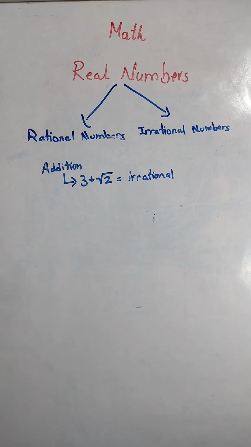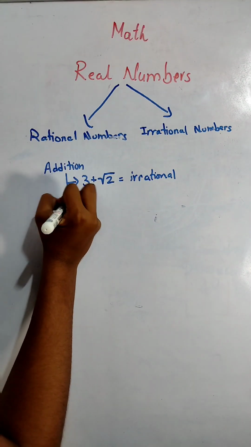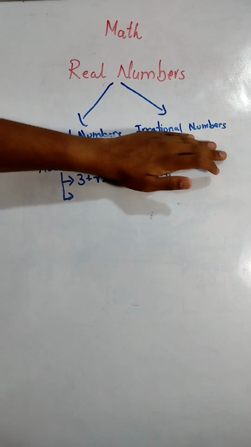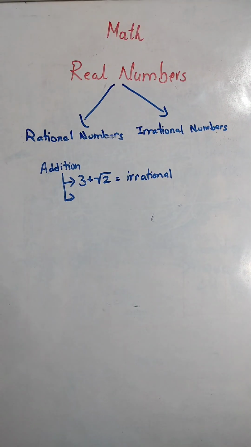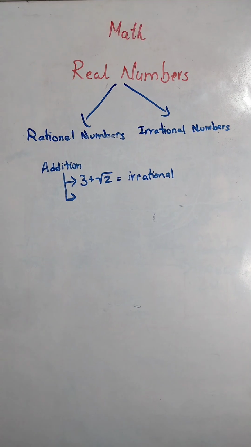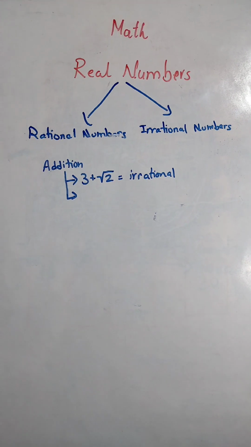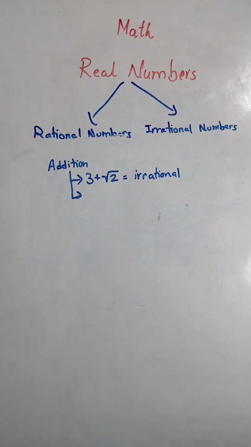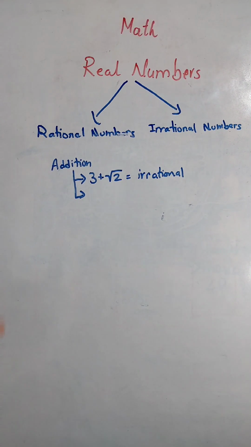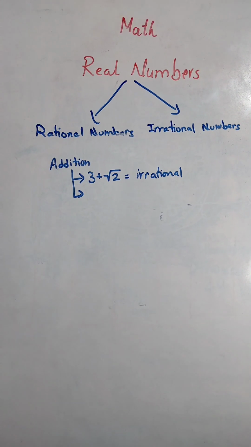now let's take a second scenario where we are working with only irrational numbers. So if you are working with only irrational numbers, there is a chance for both. It can be either rational or irrational. So how can it be rational, some of you may ask?